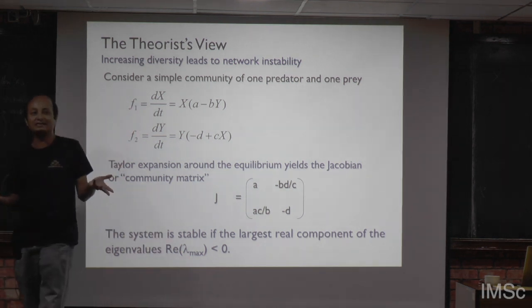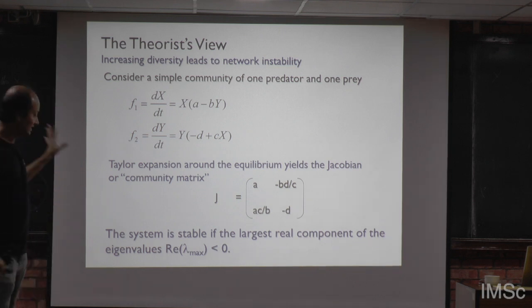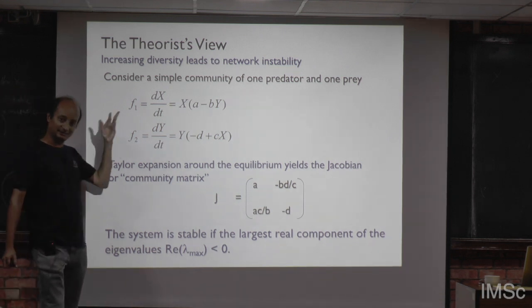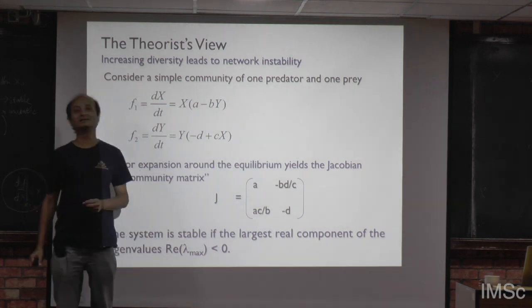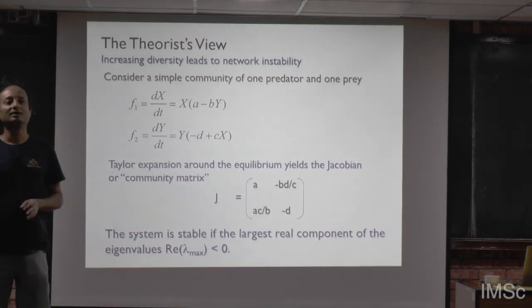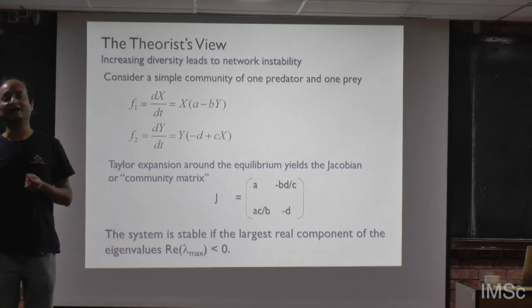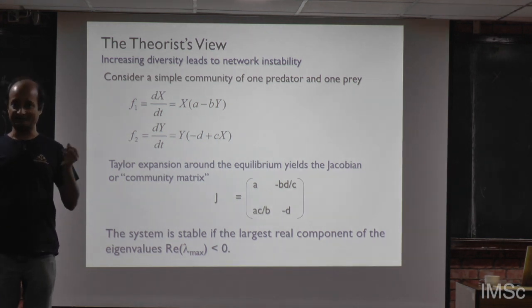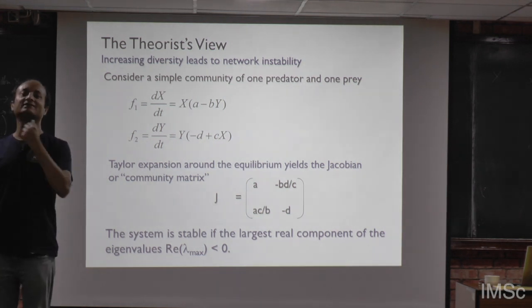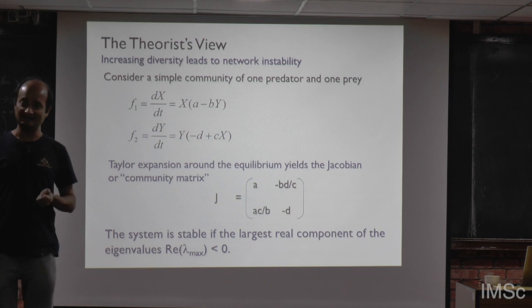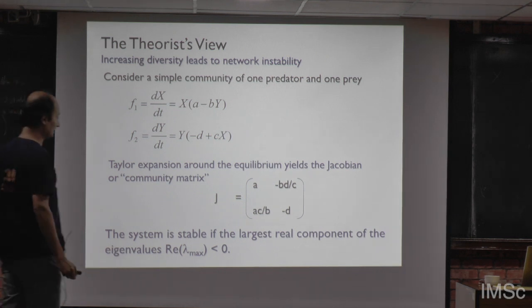Because in principle in some systems you could have complex eigenvalues. So you want to take that into account. You say, is the largest real part of the eigenvalues negative? Okay? So if the largest real part is negative, of course it means all other eigenvalues' real parts would be negative, and so therefore they will all decay.